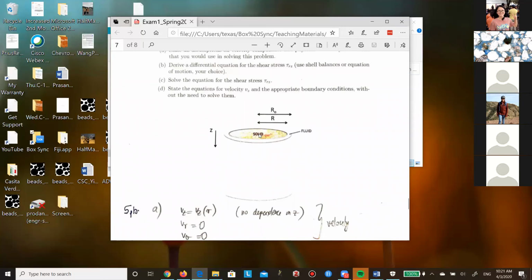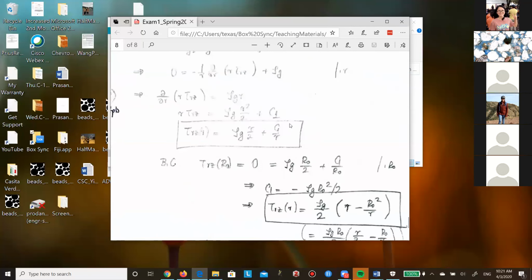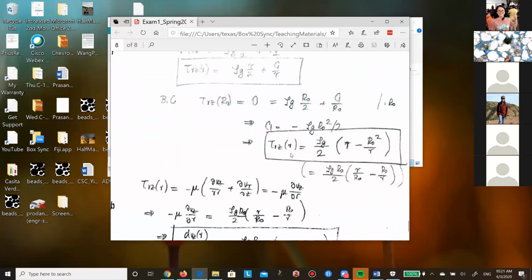Radius 0 is in the middle of the solid here. There's no fluid there, so there's no problem with it. So I cannot just say this C1 is equal to 0 because this might blow up. It's not going to blow up, not in this geometry. So it remains there, and I have to apply my boundary condition that shear stress is 0 at R0. That gives me tau rz.